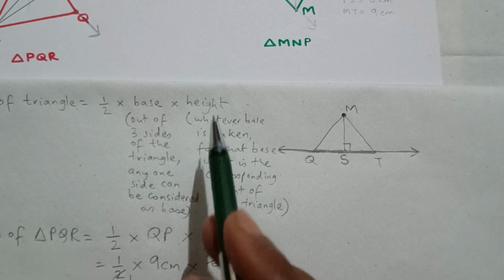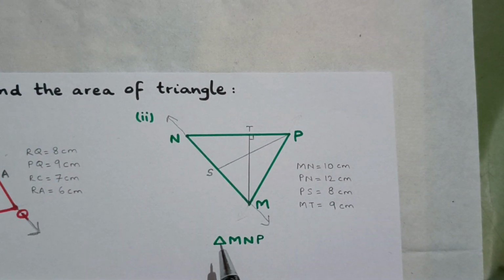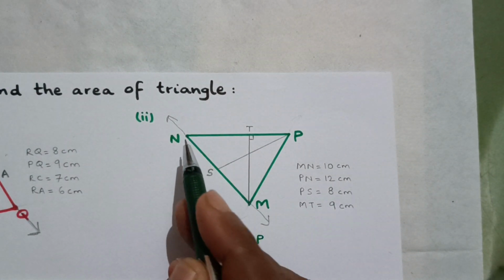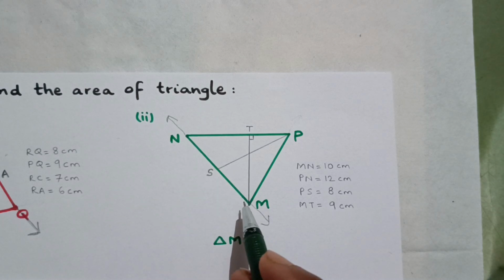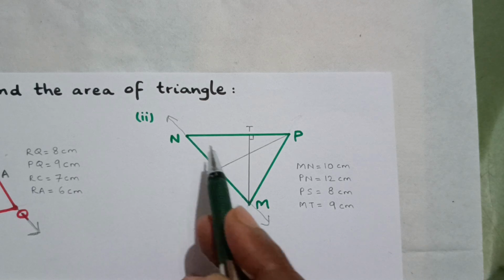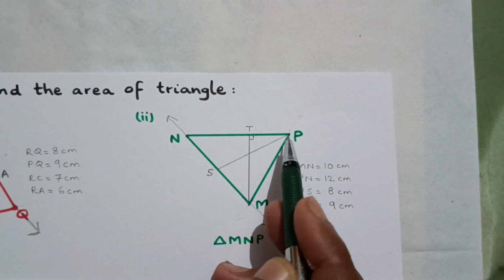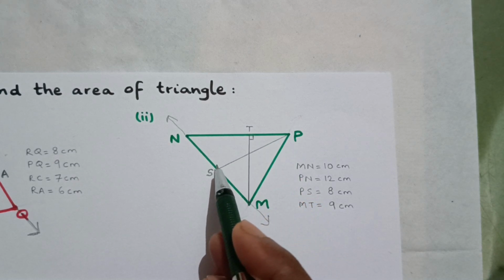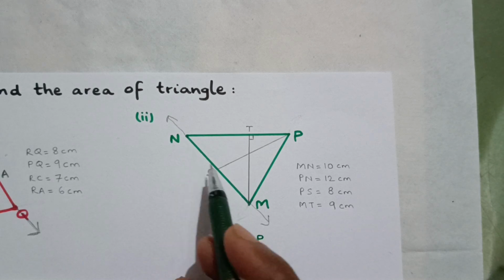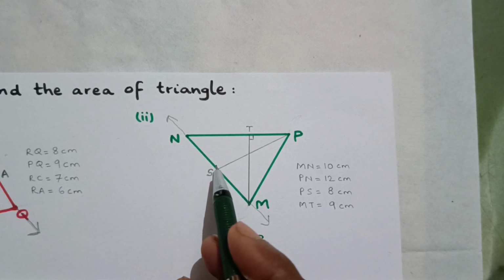Now for MN, what is the corresponding height? So MN is this side. Now first we have to find what is the opposite vertex for MN. So for MN, the opposite vertex is P. So the corresponding height will be the line segment which starts from P such that it meets MN at 90 degrees.